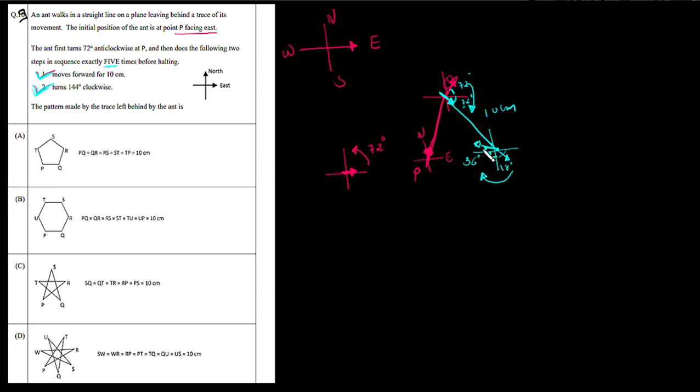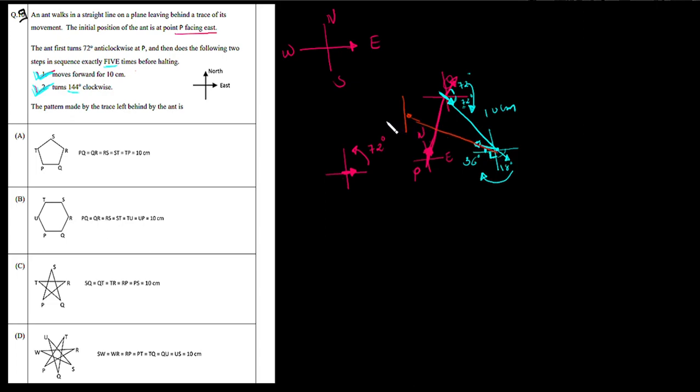If you add 36 plus 90 plus 18, you end up with 144, which is exactly this angle. Now again the ant has to move this distance. So we are doing this for the third time, and after this our ant will be at this position.